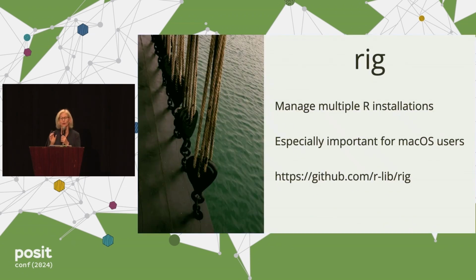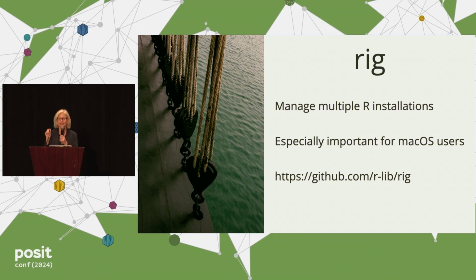And I want to give a quick shout out to a tool called Rig. This is not part of Positron, but it's a separate little tool that is newly important, I think, because it helps our users manage multiple R installations. It'll help you install multiple versions of R and switch between which one you want to have as your current default.